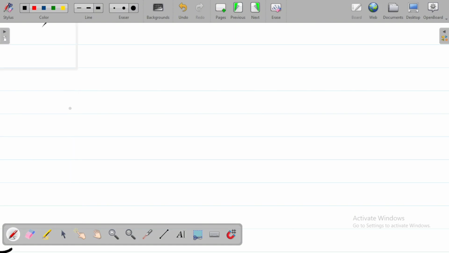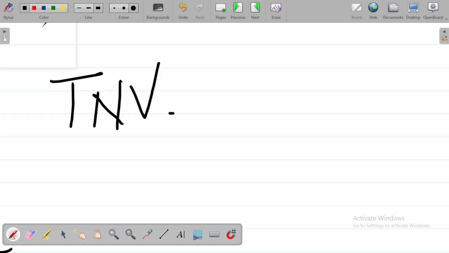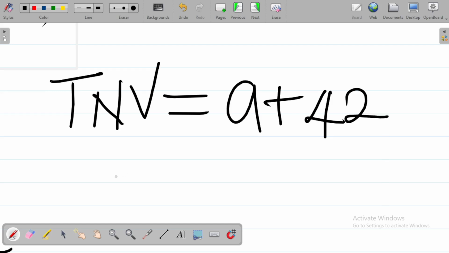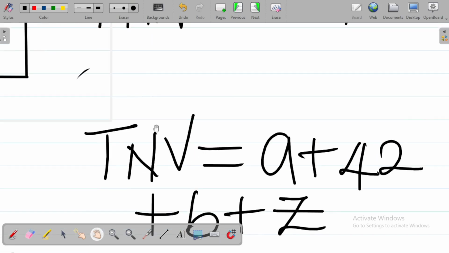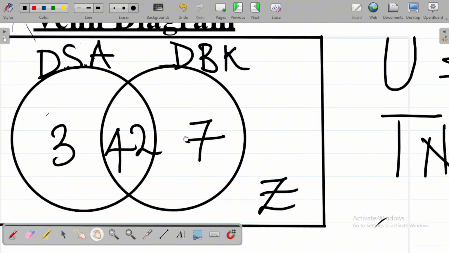Alright, to get the value of Z, we will simply equate the total number of elements in the Venn diagram to the universal set. So we are given TNV, which is the universal set, is equal to, if we equate all the elements in the Venn diagram, we would have A plus 42 plus B plus Z. So these are all the elements in the Venn diagram.